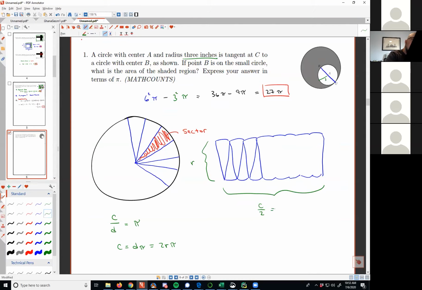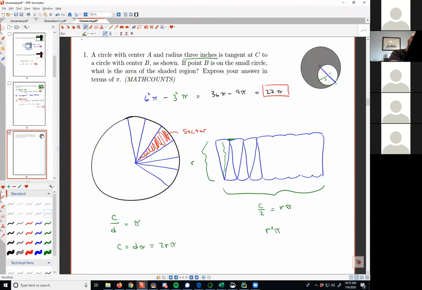So half of that is r times pi. And if we multiply length times width, we get r squared pi. Of course, this is not exactly true, right? This right here doesn't form a perfect rectangle.